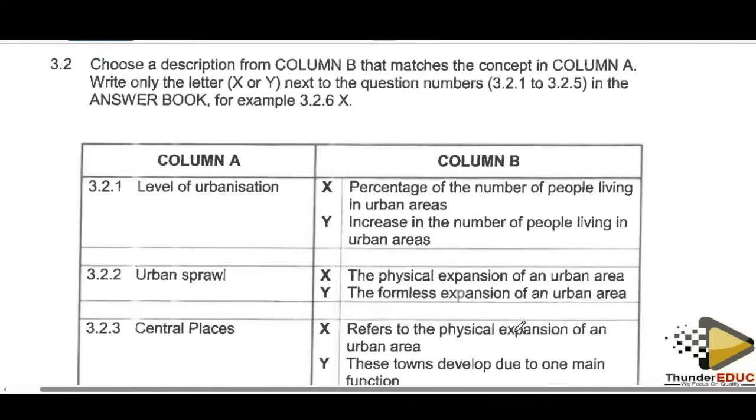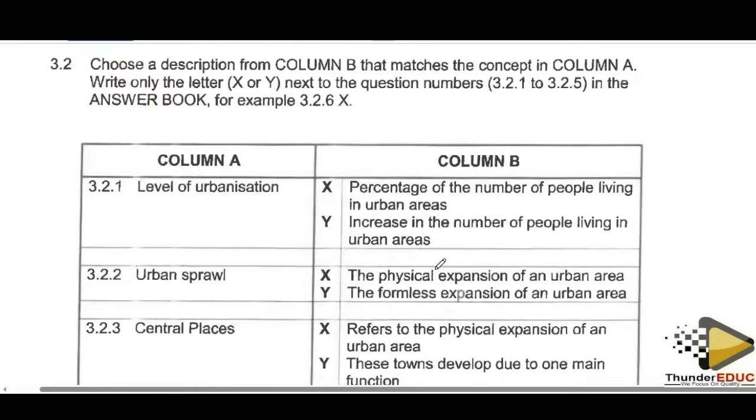level of urbanization. And X is saying the percentage of the number of people living in urban areas. Option Y, increase in number of people living in urban areas.